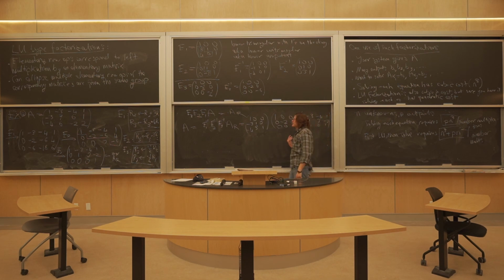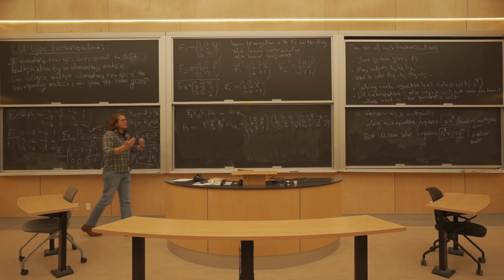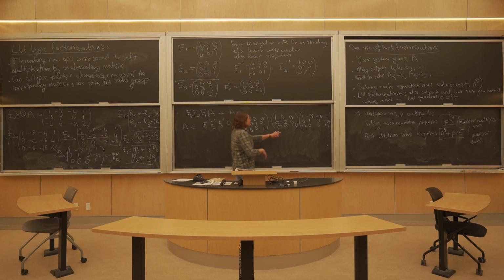So this is yet another factorization. People call, for instance, the first example an LU factorization. The second example, LDU factorization, because it's diagonal. It says D, L, lower unipotent, and this is echelon.